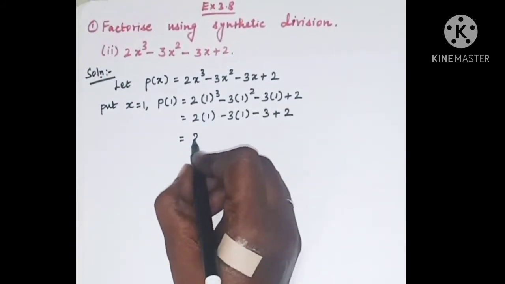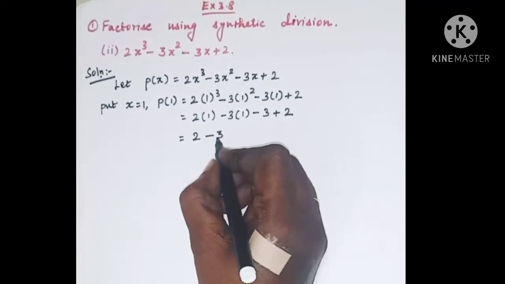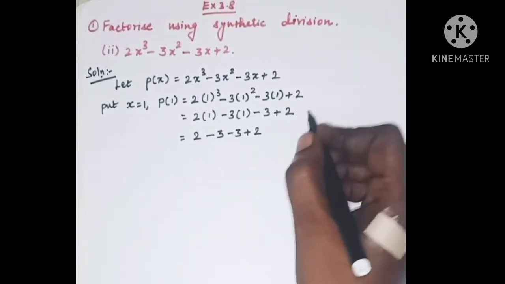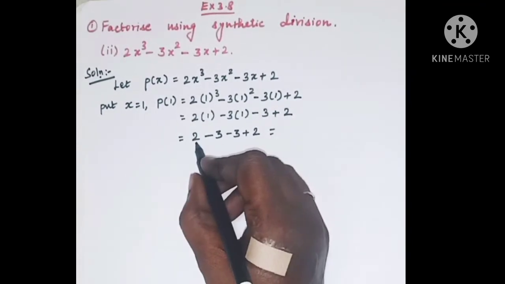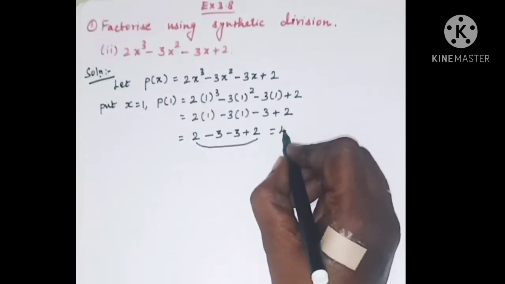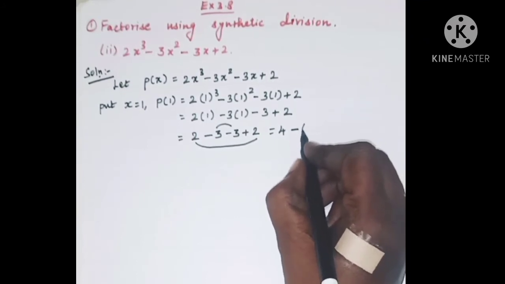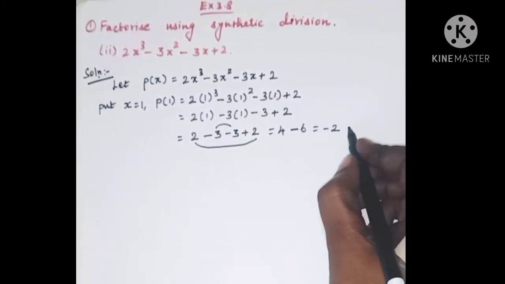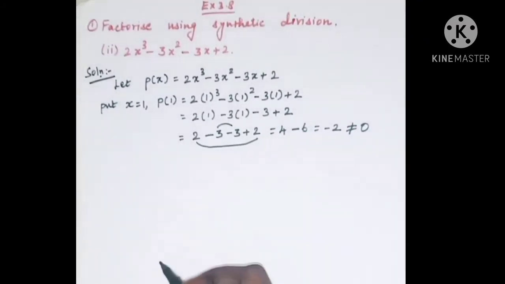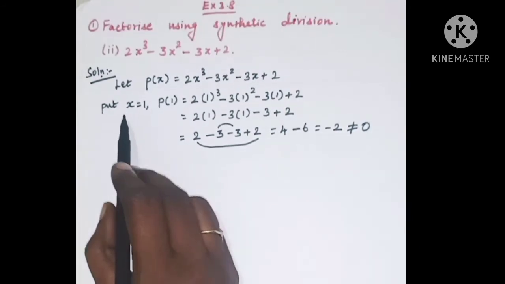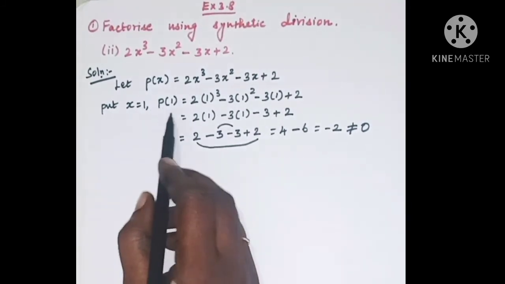Adding the like terms we will get 2 plus 2 is 4 and minus 3 minus 3 is minus 6. So 4 minus 6 is minus 2, which is not equal to 0. Therefore x is equal to 1 is not a factor.